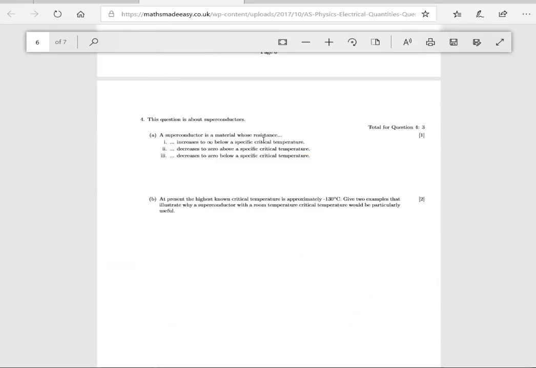Next question: a superconductor is a material whose resistance decreases to 0 below a specific critical temperature. Can you draw the graph for the critical temperature again, please?